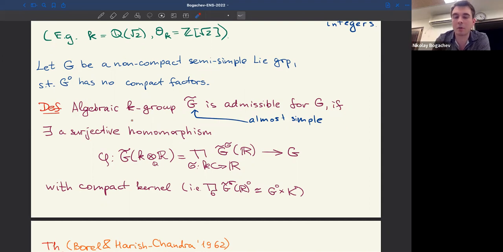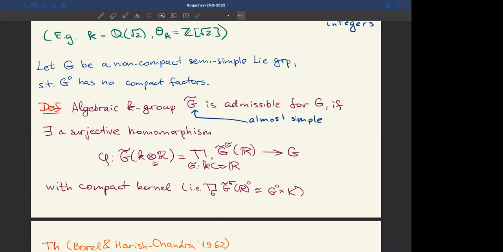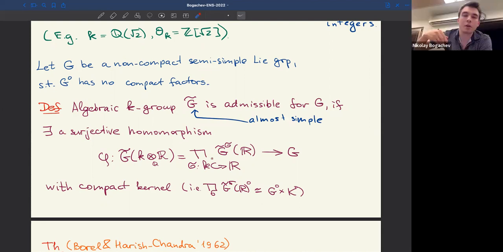Then we apply all non-identity embeddings, actually all embeddings sigma of the field K into R, to all the coefficients of the polynomials of G tilde.